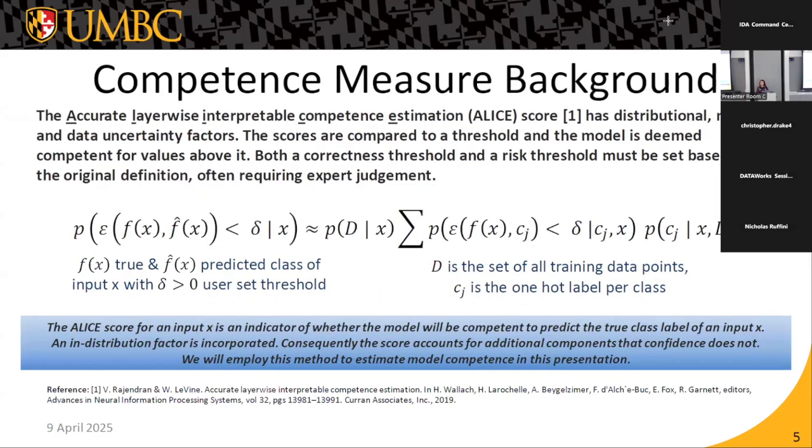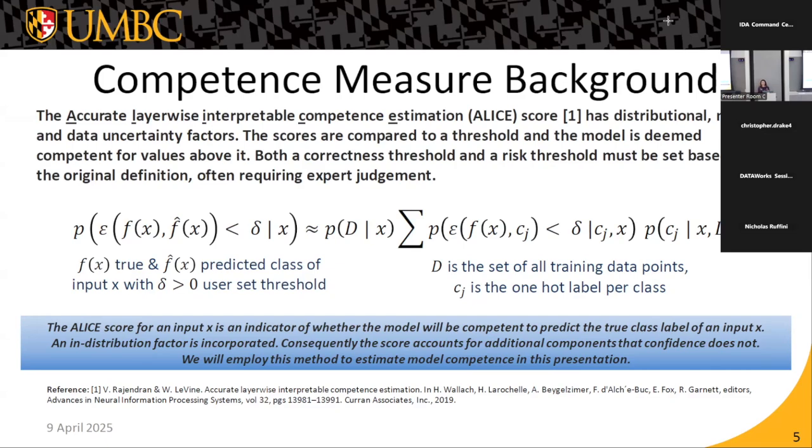And in fact, there's been a lot of research on this topic. The model that I tend to use for measuring model competence is one that came from the 2019 NeurIPS from Rajendran and Levine, and that one is called ALICE. ALICE stands for Accurate Layer-Wise Interpretable Competence Estimation.